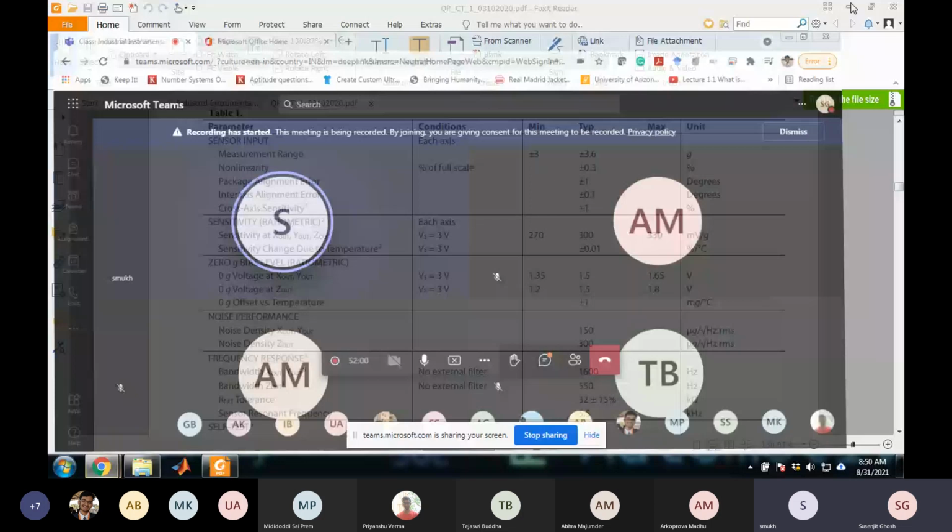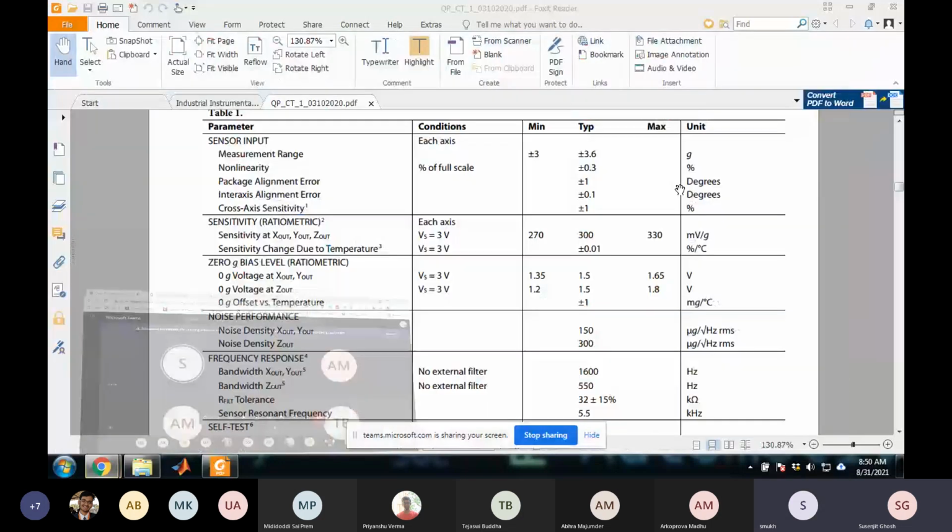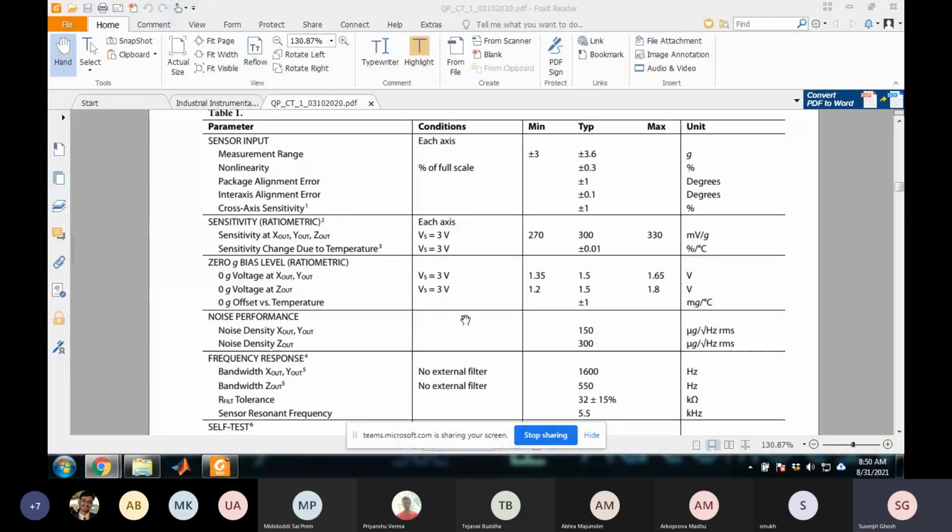So here temperature is acting as a modifying input. Now the specification is given that it is plus minus 0.01% per degree centigrade. In the question paper, it is 0.01% of what?